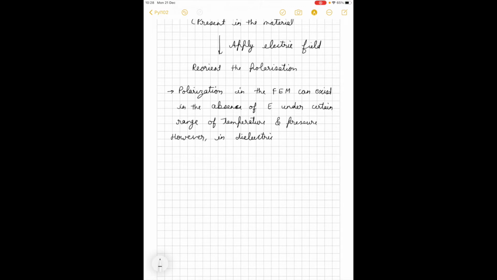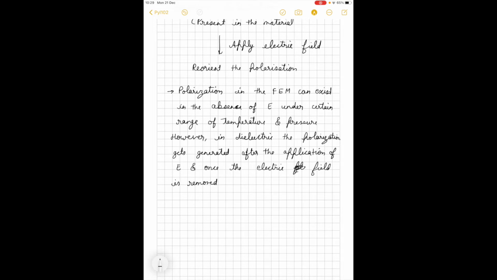in dielectric, the polarization gets generated after the application of electric field E, and once the electric field is removed, the polarization disappears.